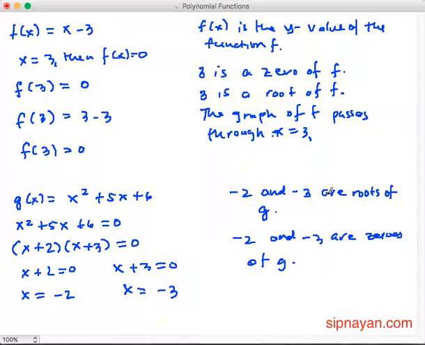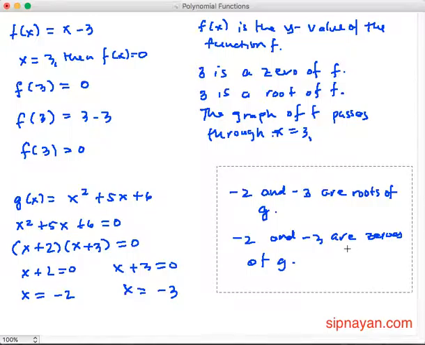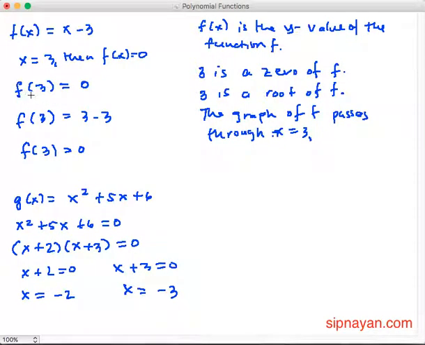Ibig sabihin, zeros, it is the value of x that makes the function 0, no? Pwede nating substitute kaya na ginawa natin dito, no? Dito f of 3, gawin natin yung g of 3. Hindi g of 3 kundi g of negative 2 tsaka g of negative 3.